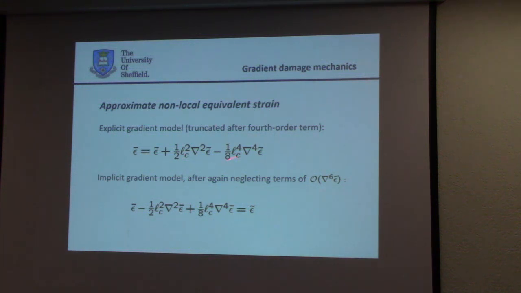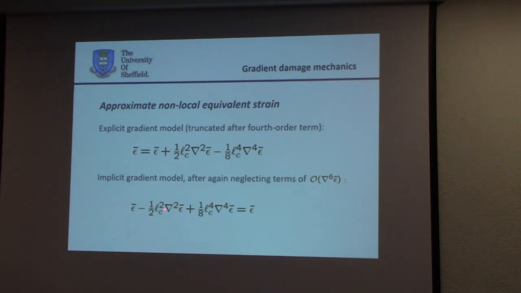So you can manipulate this a little bit, and you can say, okay, we differentiate left-hand side and right-hand side twice, and then we get a second order term here. We then move that to the right-hand side, and we obtain something like this.